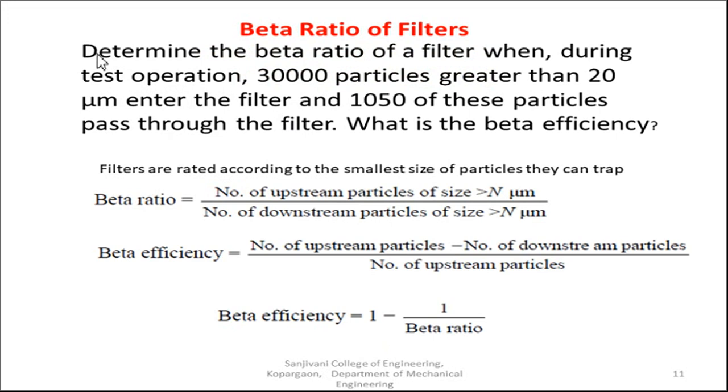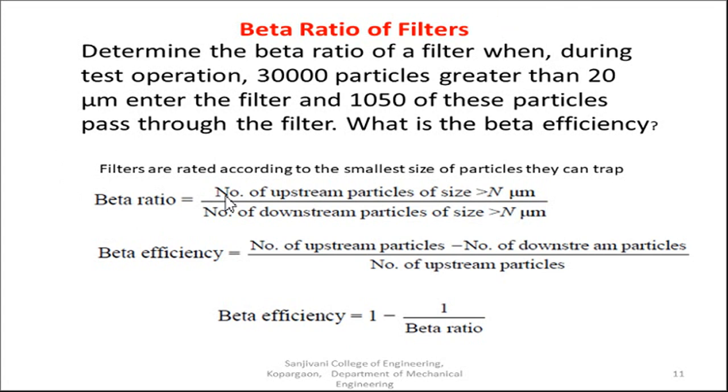The beta ratio of the filter is very essential, as it determines its efficiency, or the size of particle it can catch. This is a simple numerical which will tell you how to calculate the beta efficiency for the filter.